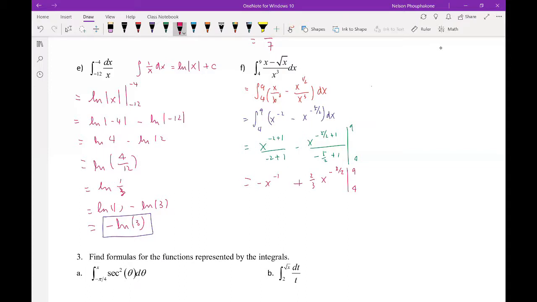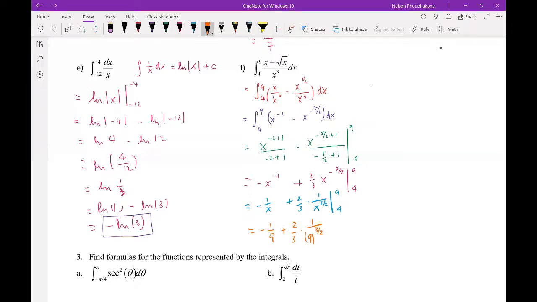Okay, so then now what we want to do is evaluate. Okay, so in this case, let me modify this a little bit. Then now I will have -1 over 9 plus 2/3 times 1 over 9 raised to the power of 3/2.